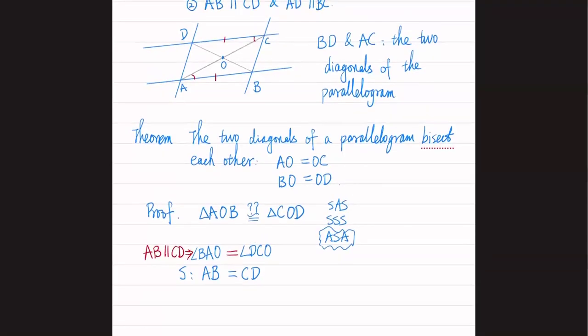Okay, let me draw this. These two angles. Do they have the same measure? Which one? This one and this one.